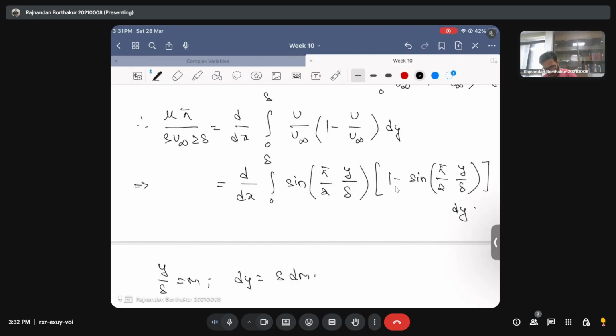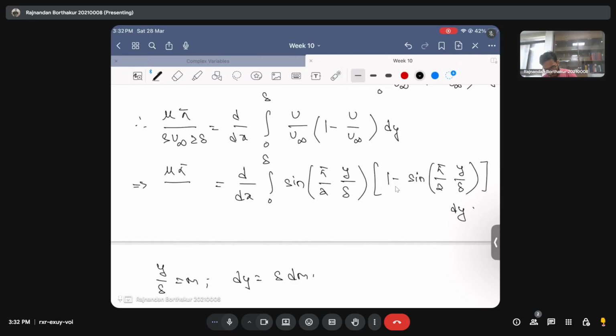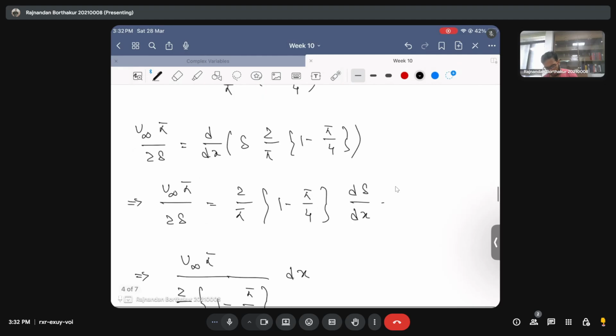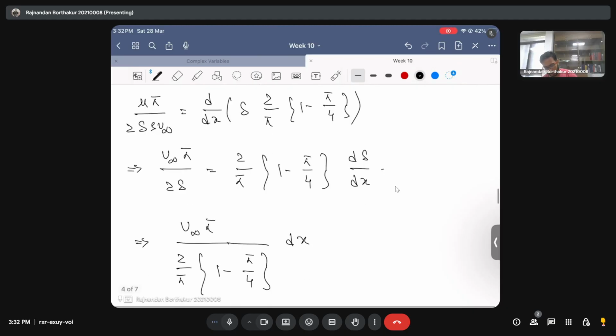So this is going to be mu pi by 2 delta rho u infinity, because I just forgot to add the rho u infinity squared and the mu of course.